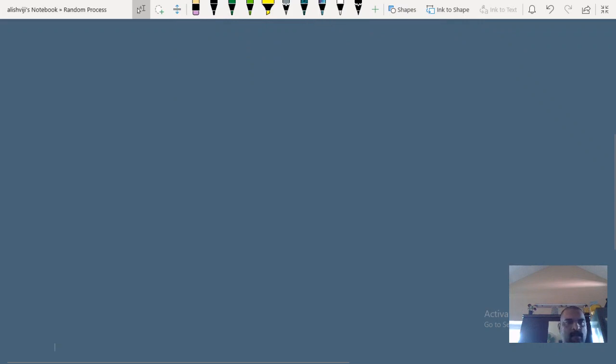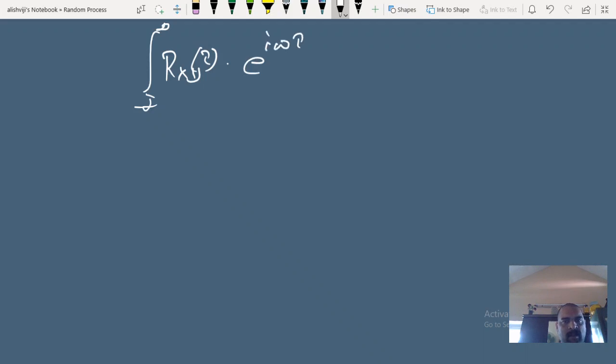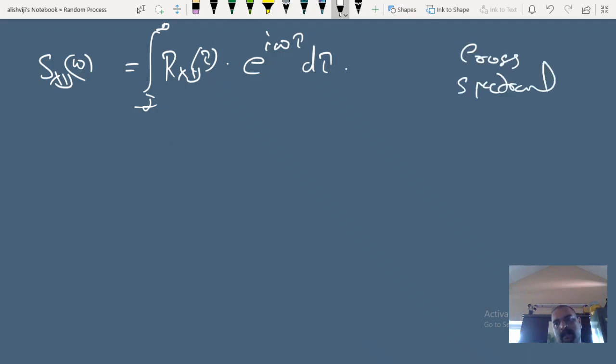Now, if you have two random processes, then we can have the cross correlation function, and if we calculate the Fourier transform of the cross correlation function, this will give the cross spectral density, or in short, cross spectrum.